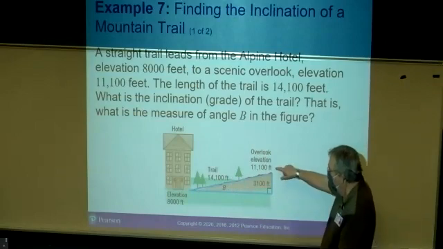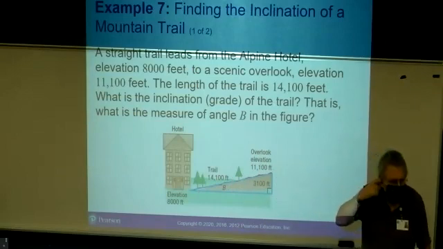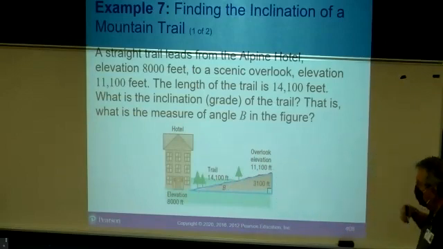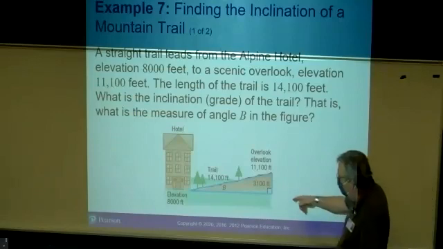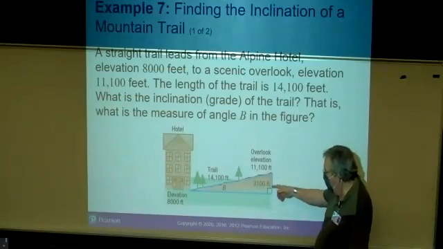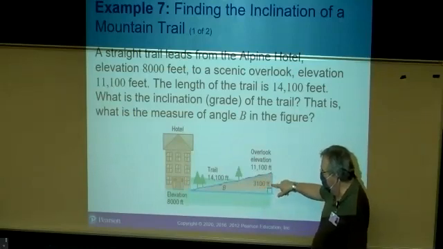Well, we can figure out the opposite. Isn't it 11,100 minus 8,000? Oh, they already give it to us, right? 3,100. So the length of this side is 3,100. That's just simply subtracting the elevations.